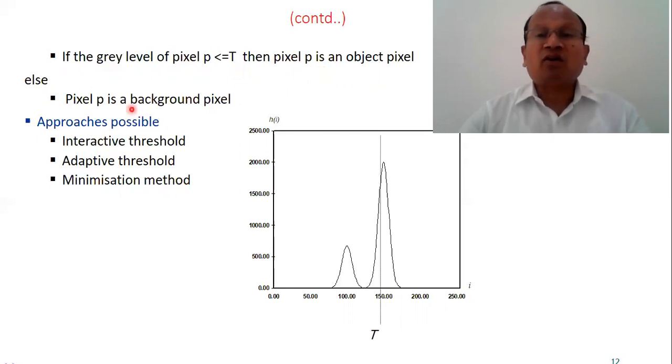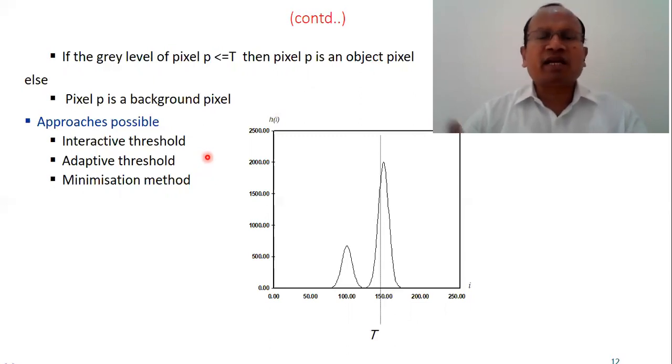Otherwise, background pixel. When it is greater than T, it's a background pixel. So those pixels which have more intensity than this T are all background pixels, and other pixels constitute the object. So there are different approaches: iterative approach, adaptive approach, and minimization approach.